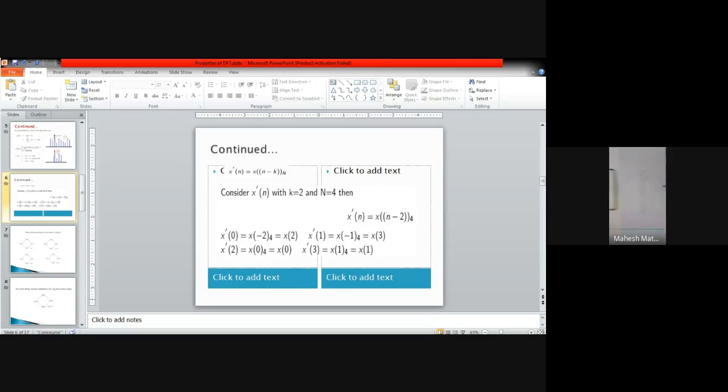So we are writing it is x dash of n is equal to x of modulo n minus k n. Is it visible now? No, sir. It is not visible, sir. Okay. Okay, 1 minute.